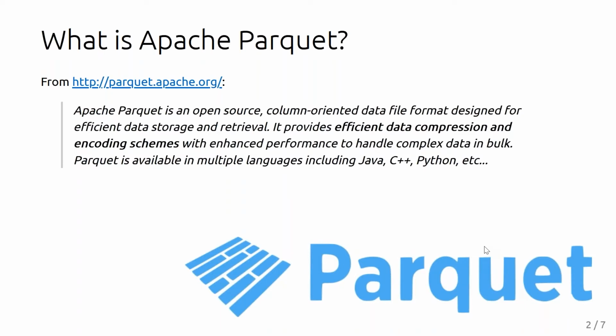It has some very advanced data compression and encoding features, with the result that it can produce very small files, which can be beneficial to reduce I/O and data transfer, but still efficient to read those data.